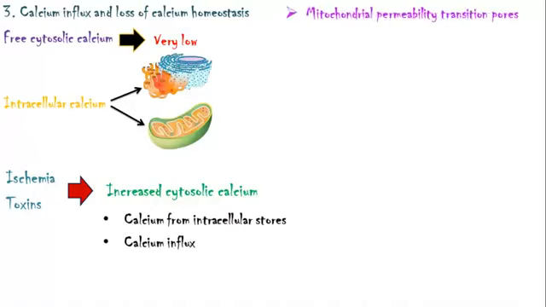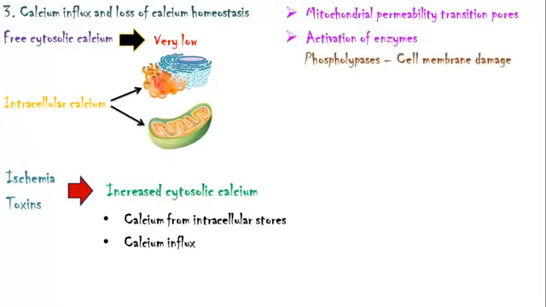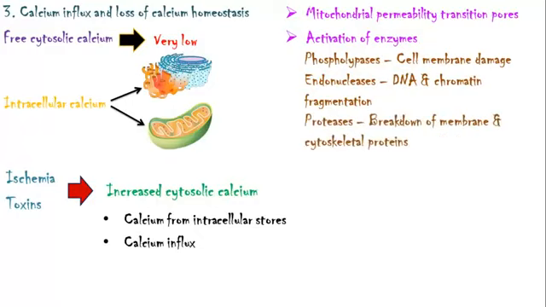As we already know, increased calcium levels can damage mitochondria and cause formation of mitochondrial permeability transition pores. Calcium acts as an activator for a large number of enzymes, including phospholipases, which cause cell membrane damage, endonucleases, which cause DNA and chromatin fragmentation, proteases, which cause protein breakdown, and ATPases, which hydrolyze ATP.